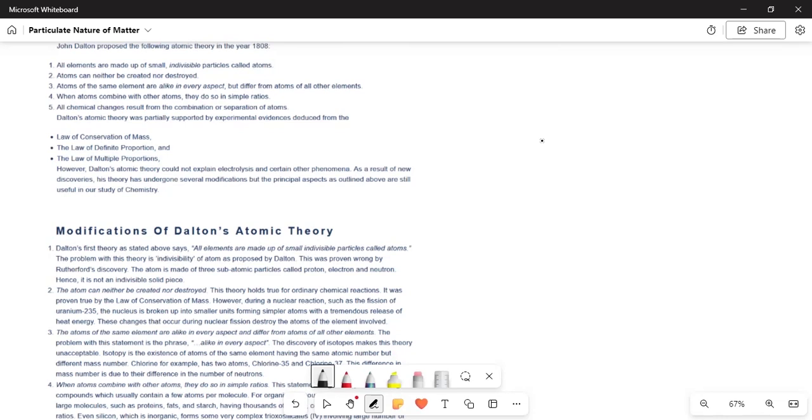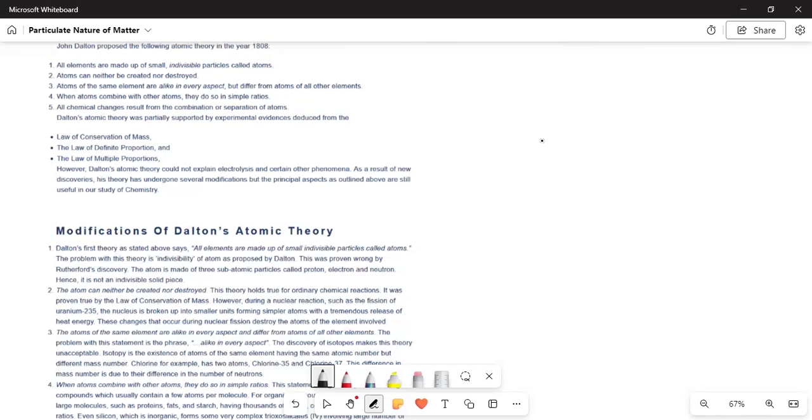Now, the third theory says atoms of the same element are alike in every aspect, but differ from atoms of all other elements. And then the fourth one says, when atoms combine with other atoms, they do so in simple ratios. While the fifth one says, all chemical changes result from the combination or separation of atoms.